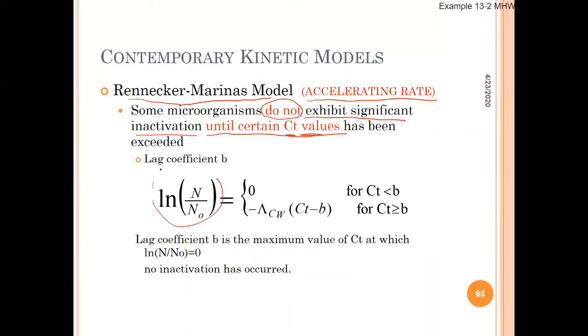So log N over N naught is 0 until the CT value is greater than or equal to some specific value, and then we see inactivation.